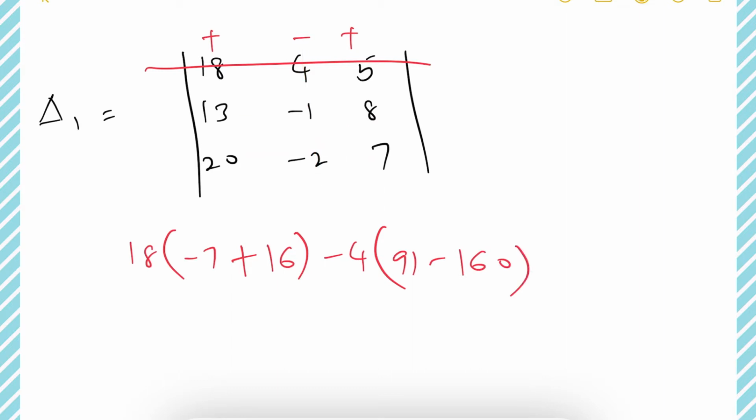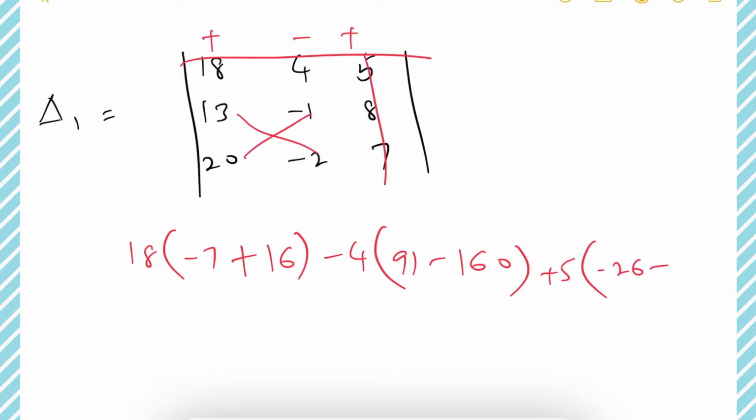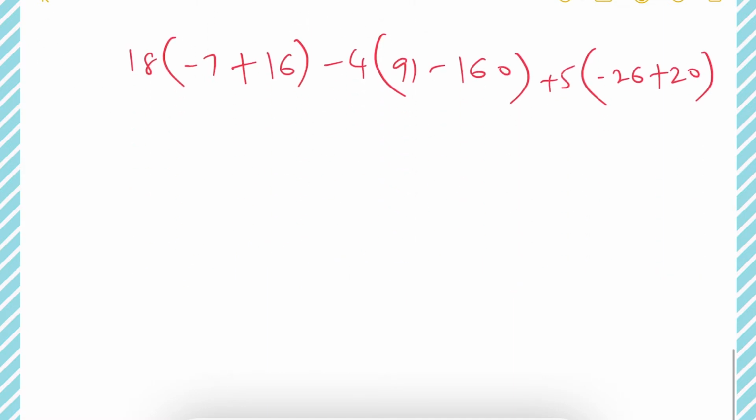The last element, plus 5 into 13 into minus 2, minus 26, minus 20 into minus 1, minus 20. So already minus is there, it will become plus 20 then. Okay, now let us simplify this.